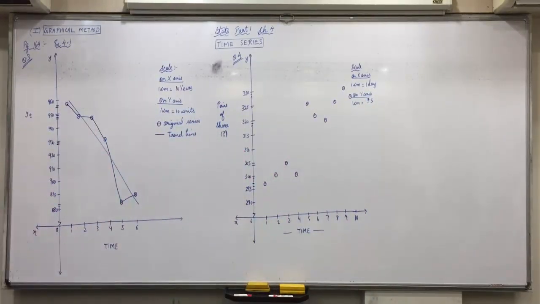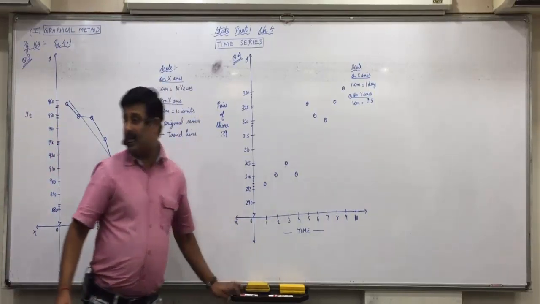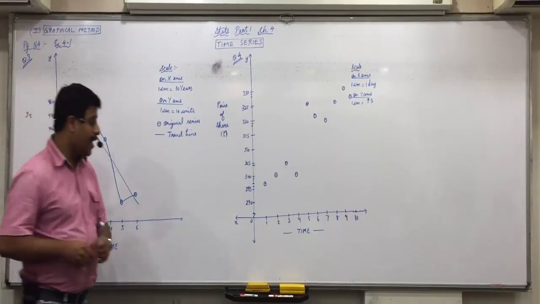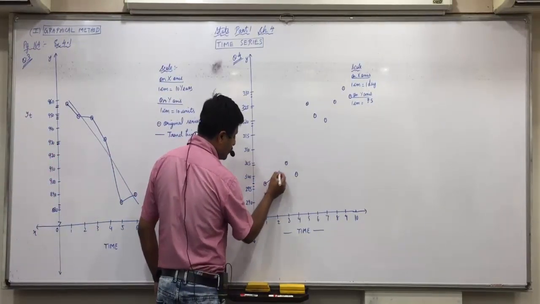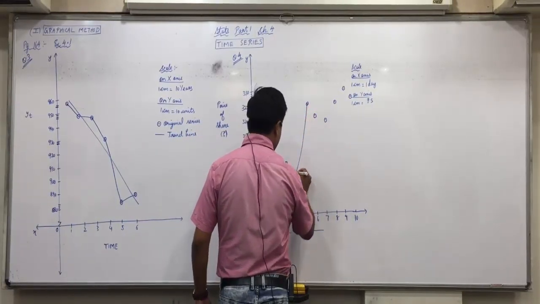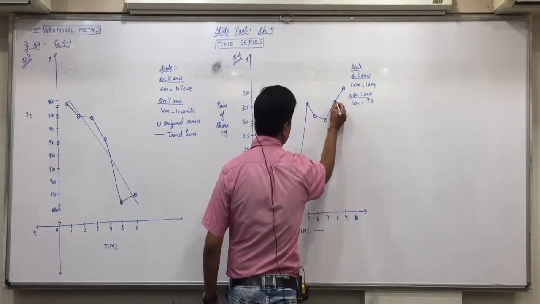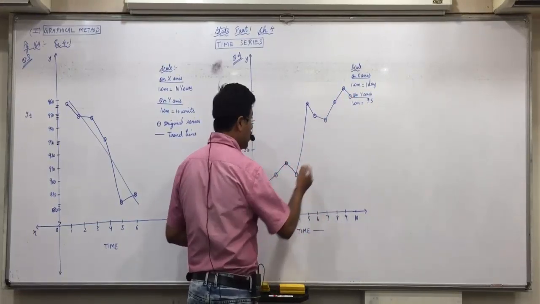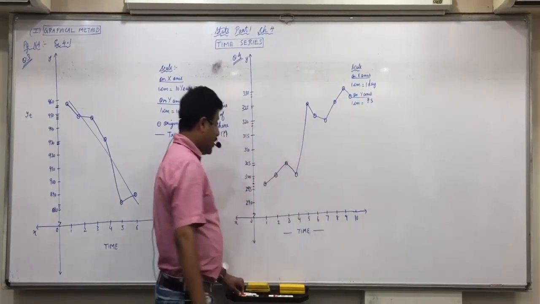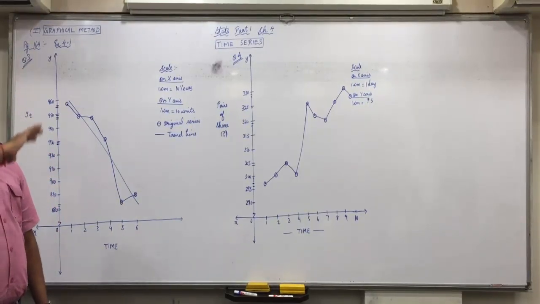So what is the trend? Upward rising, downward falling, constant? Upward rising. Okay? First you'll join these points with a straight line. Do you get it this way? Yes. Now, you'll adjust your scale and see that the line goes through maximum points and comes exactly in between somewhere.